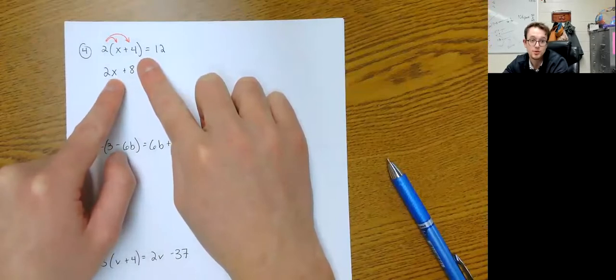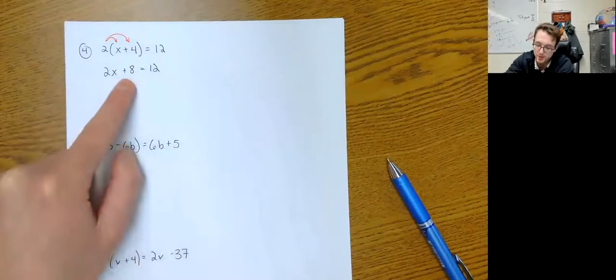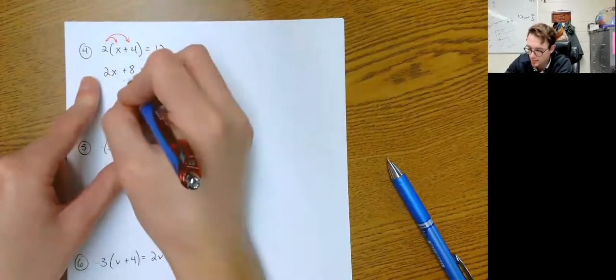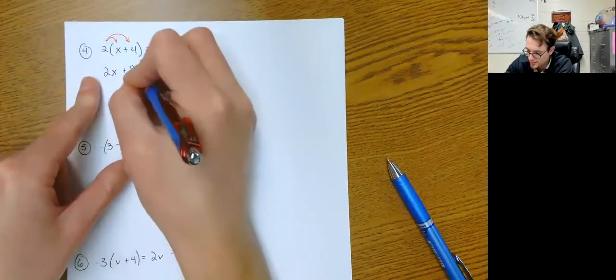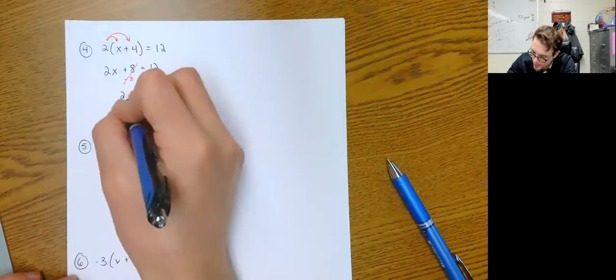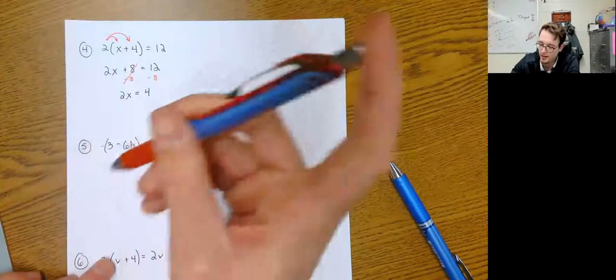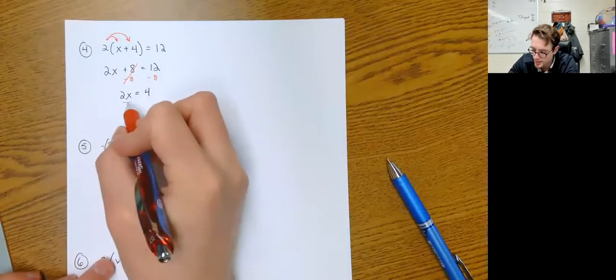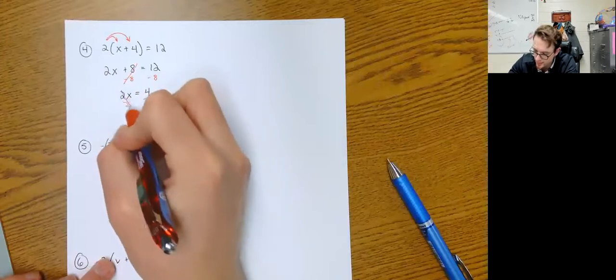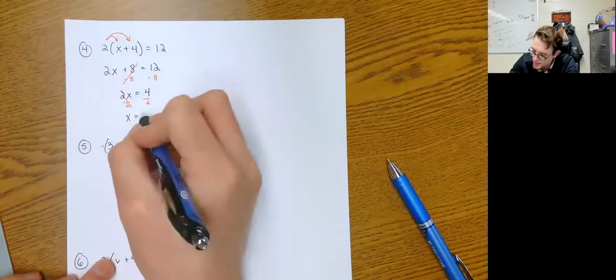So I need to do step 2, which is cancel out unwanted terms or operations using inverse operations. So cancel out addition first, minus 8, minus 8. I'm left with 2x equals 4. All right, still need to cancel out multiplication, so I divide by 2, divide by 2. I'm left with x equals 2.